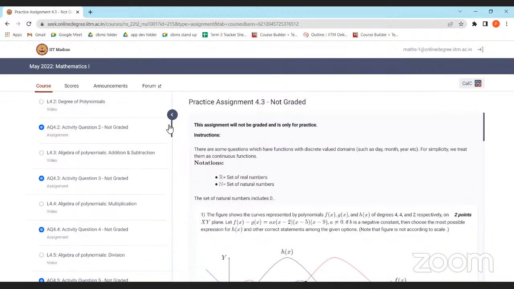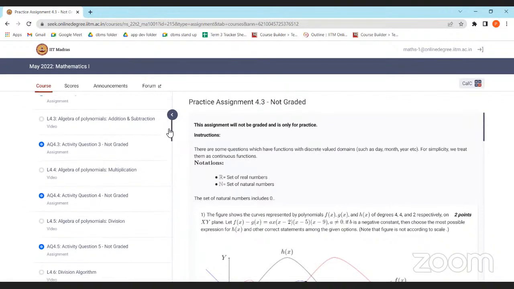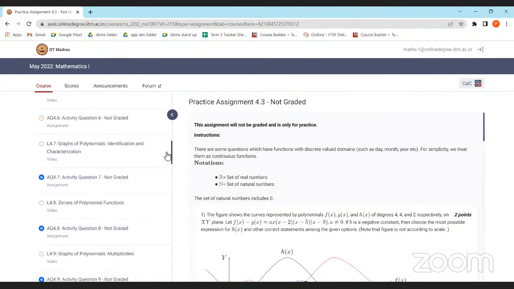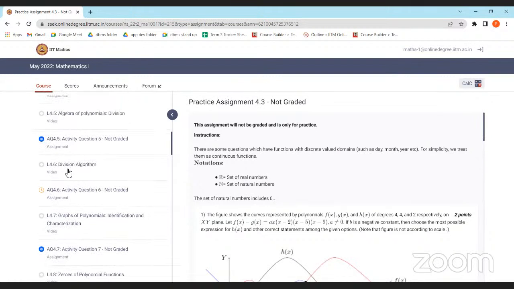It should be below the division algorithm, after activity 5, sir. No, sir, I'm not getting it. In your portal, practice assignment 2.5 is not showing. It's in our portal, sir.